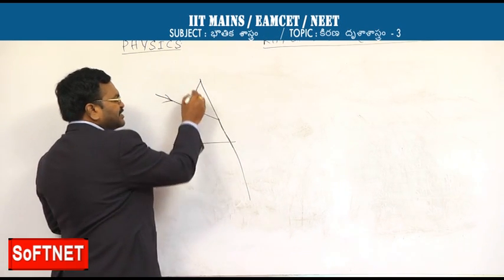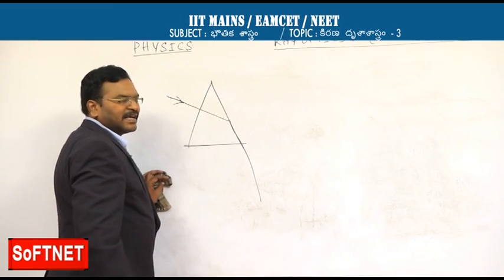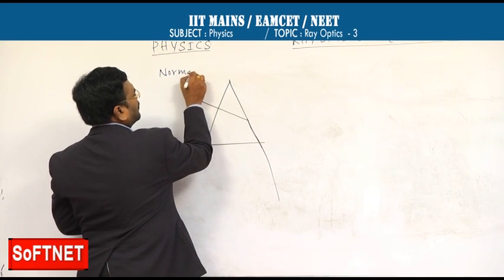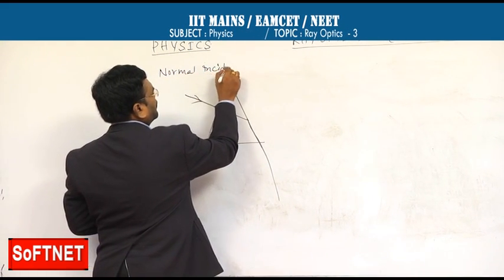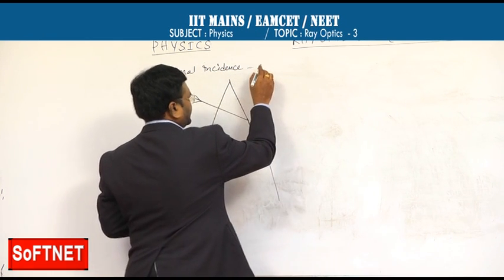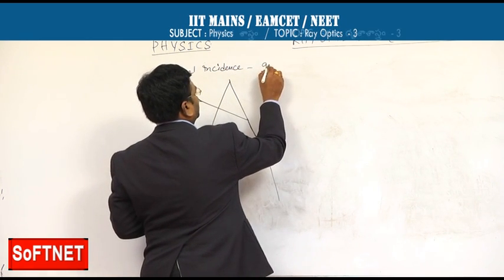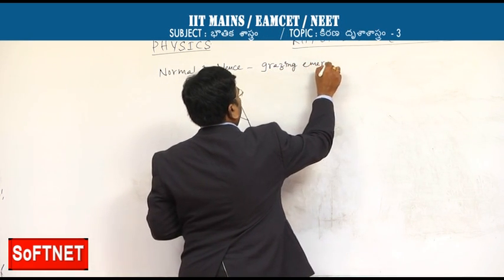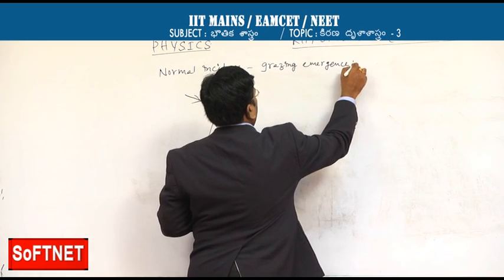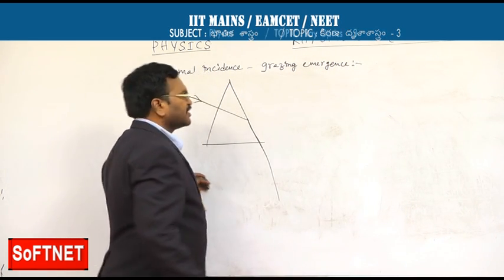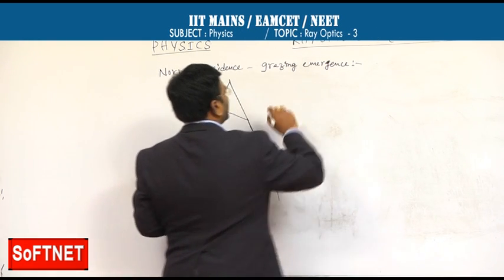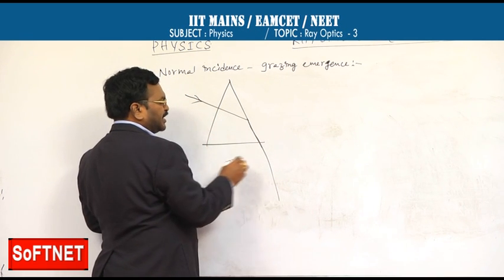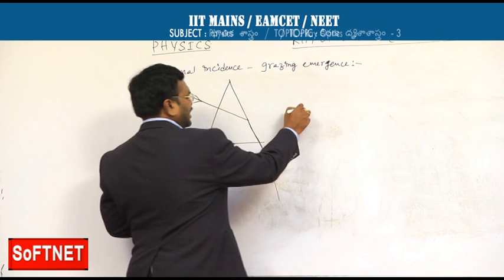We have a special case: normal incidence and grazing emergence. A ray of light incident normally, grazing emergence.